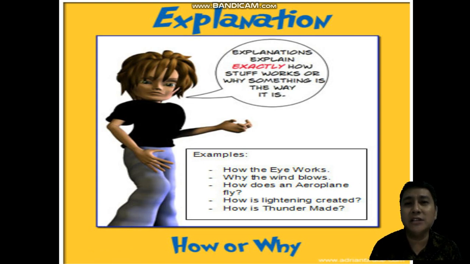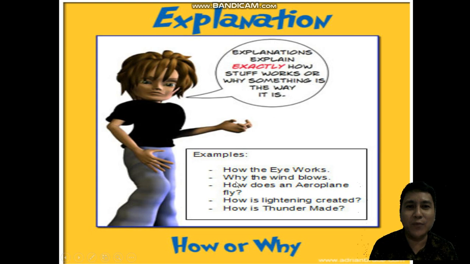So explanation explains exactly how stuff works or why something is the way it is. Take for example, you can find the process of rain. Sometimes people are curious how rain happens and how snow happens. So those are the examples of explanation text.